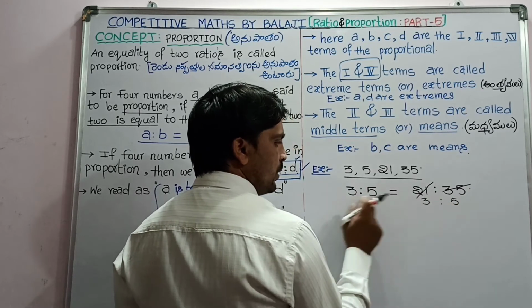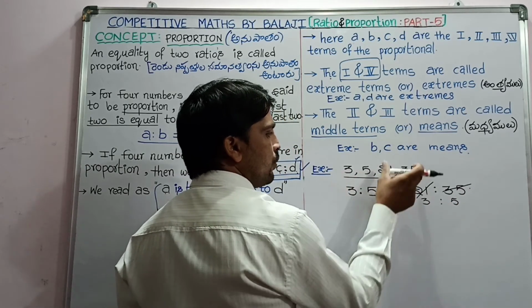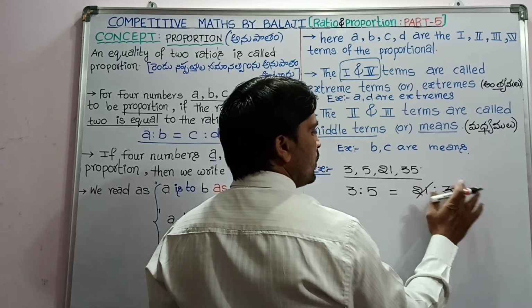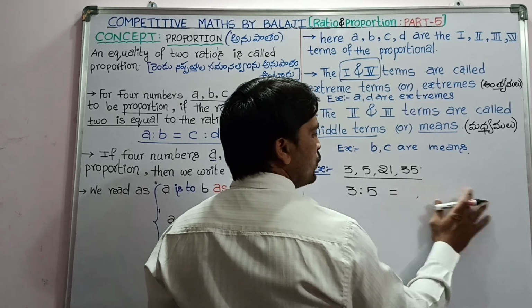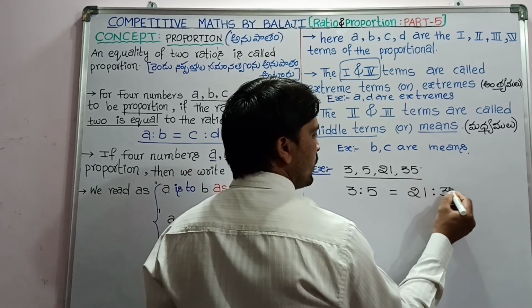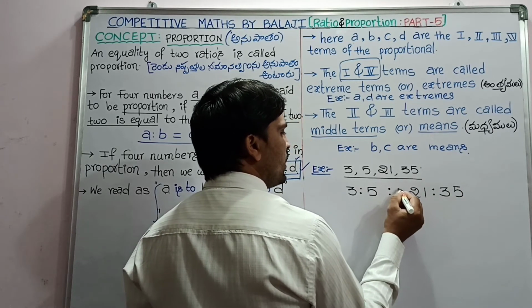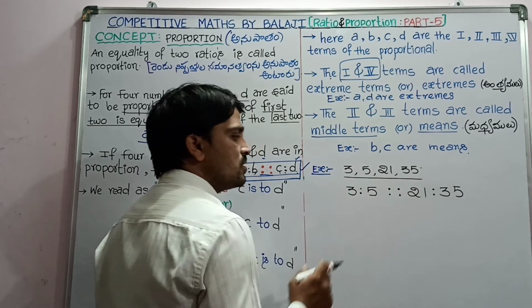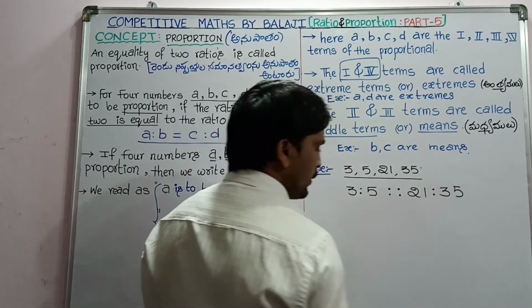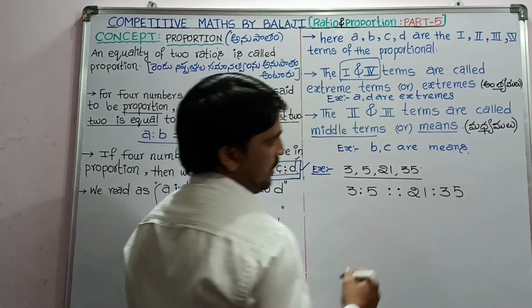So both the ratios are equal. The ratio of the first two terms is equal to the ratio of the last two terms. Yes, they are in proportion. So we use the symbol 'is as': 3 is to 5 is as 21 is to 35, or 3 is to 5 as 21 is to 35.